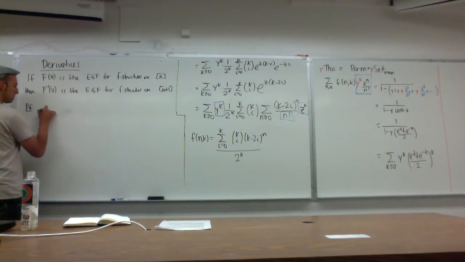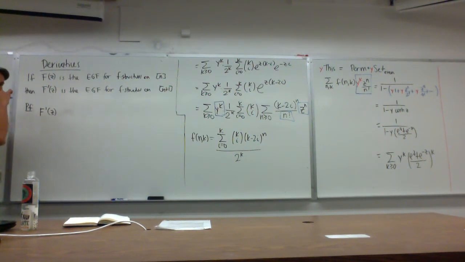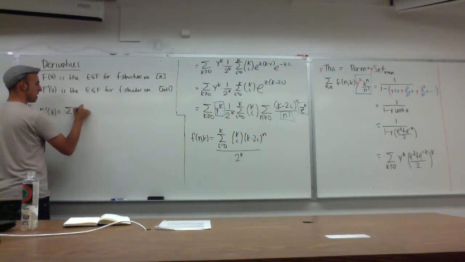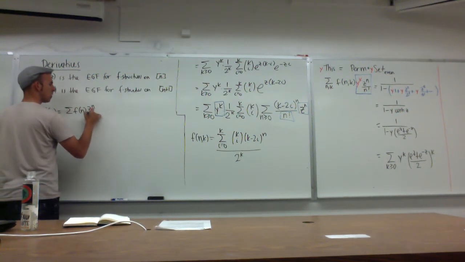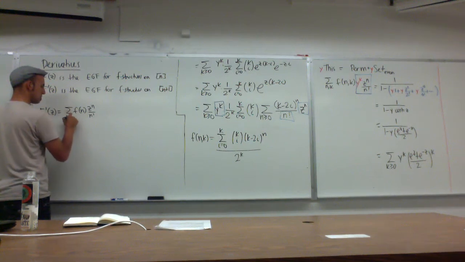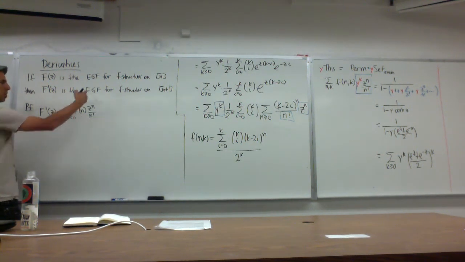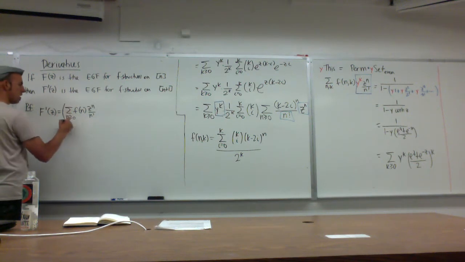So what's f prime of z? Well, we just take f of z, which is the sum of f of n, z to the n over n factorial. F of n is the number of f structures on n. And we take the derivative.